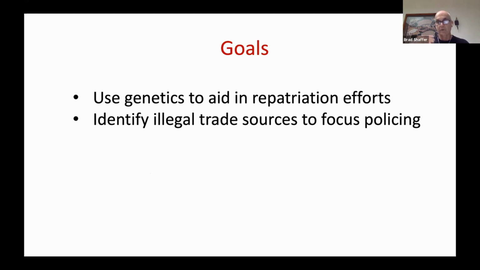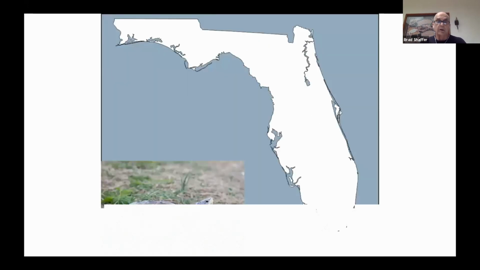And so if you're wanting to focus policing efforts on the illegal trade, by knowing where they came from, even if we can never put them back, it'll help us focus on where attention to stop this illegal trade might focus more. So let's just think about this in a bit more detail.